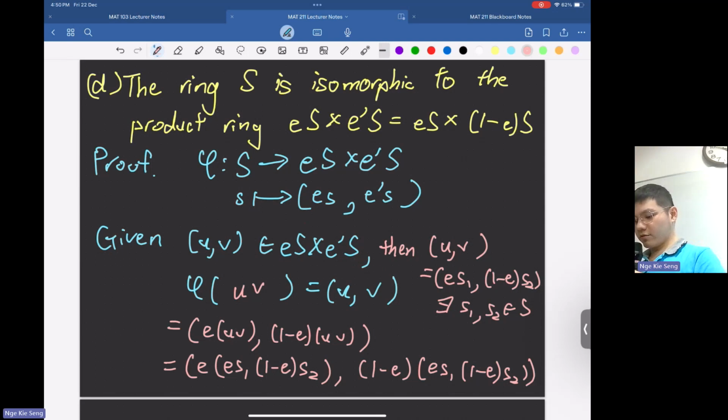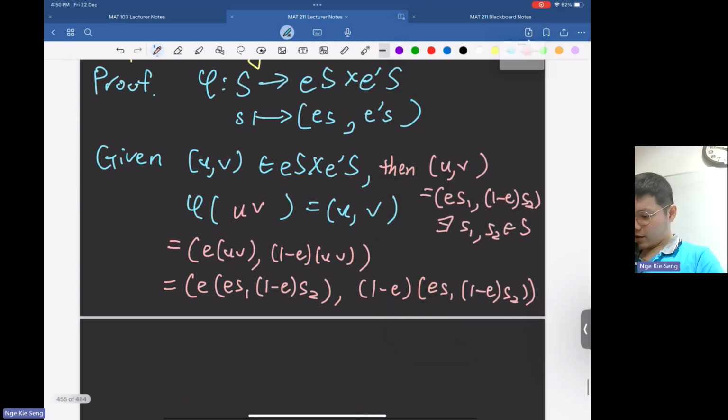Does this compute to (u, v) or not? So here is 1. So maybe finish computing this and we will break for next time. Continue next time.